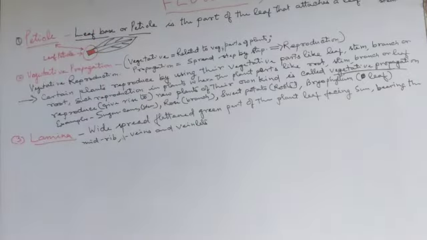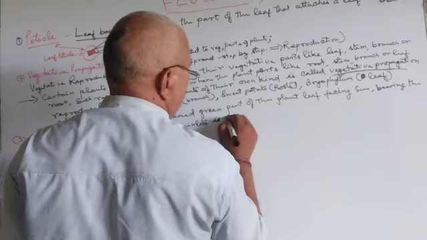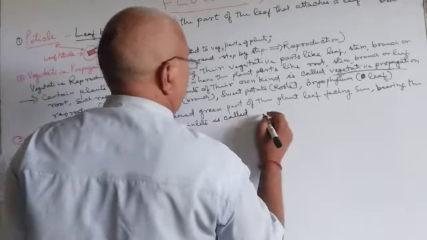So lamina is widespread flattened green part of the plant leaf facing sun, bearing the midrib, veins and veinlets, is called lamina.